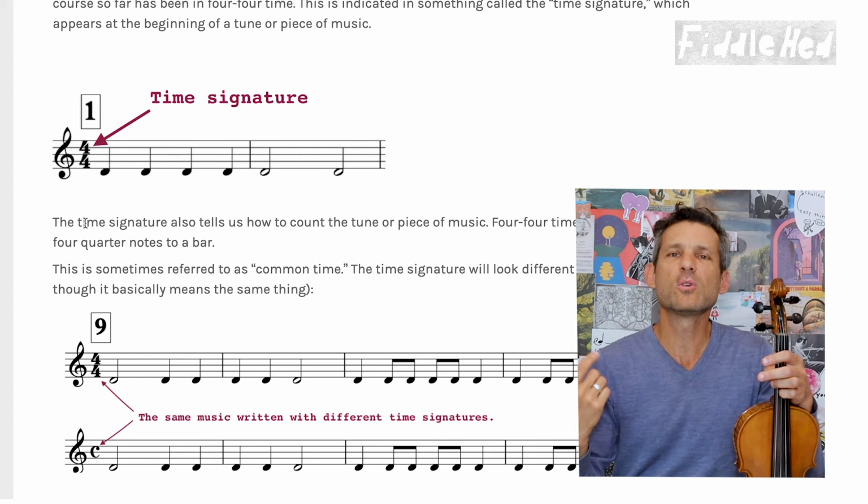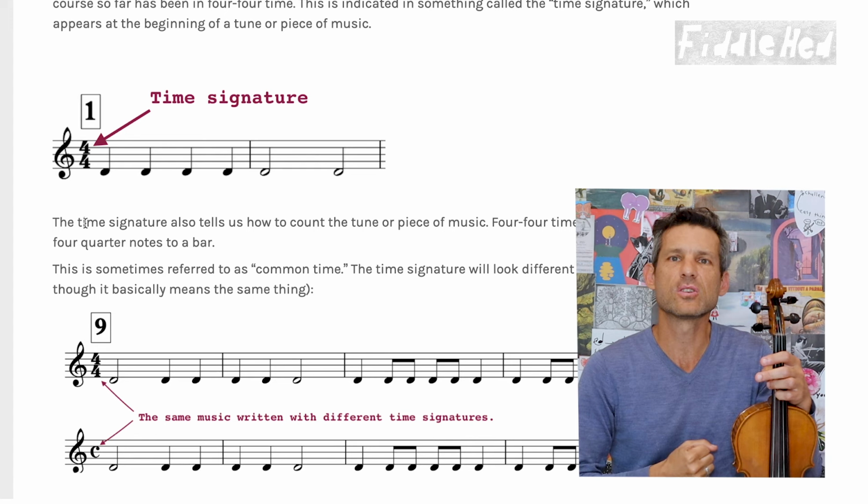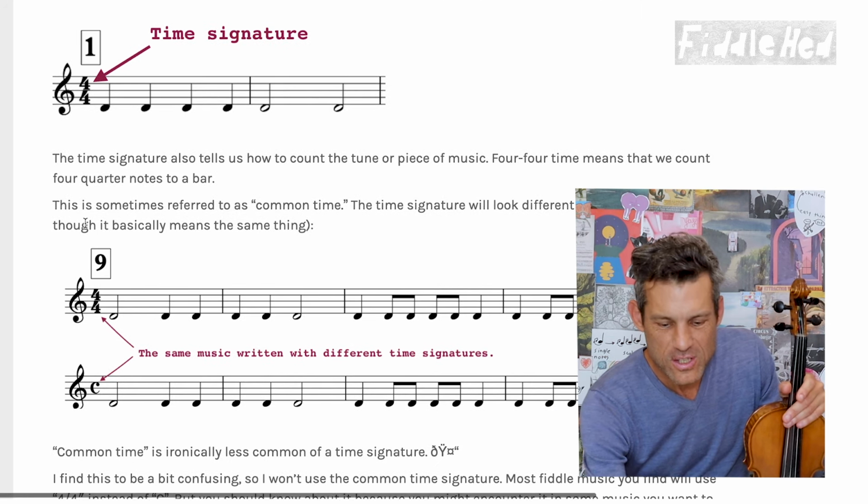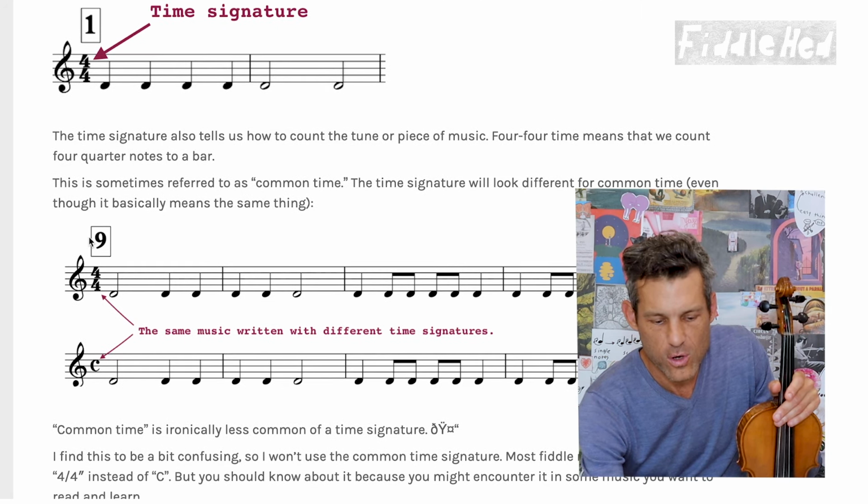4/4 is the most common time signature on earth. Especially now, music's kind of more homogenized, and anything like dance beat, most dance music, rock songs, pop songs, it's all 4/4. It's probably like makes up over 80% of the music. I don't know, I just made that number up, but it's a lot. Okay, and so just a little thing to watch out for.